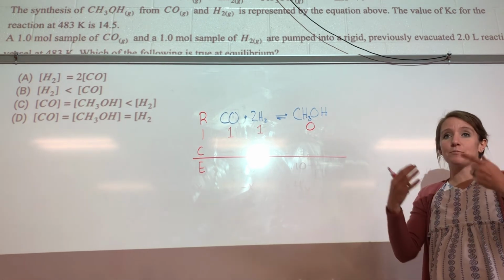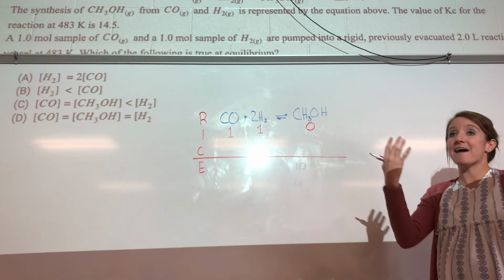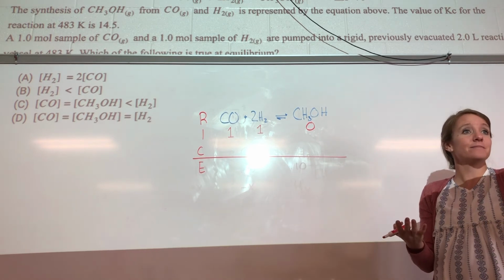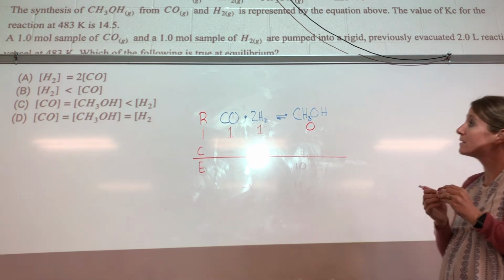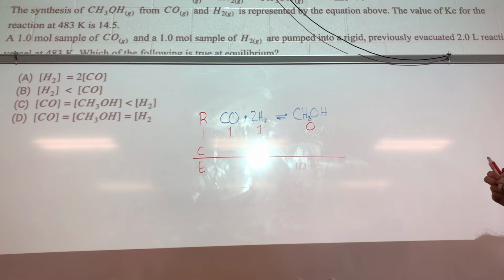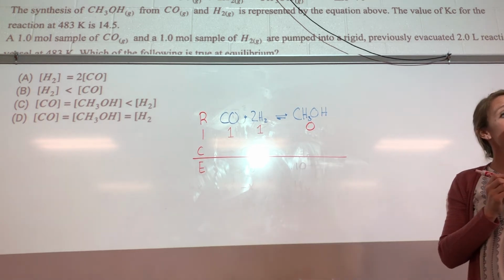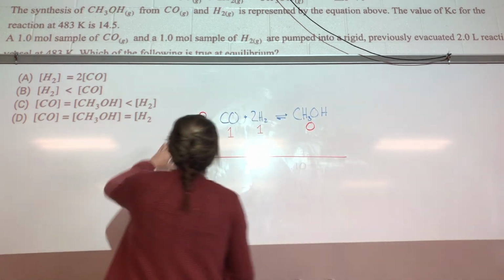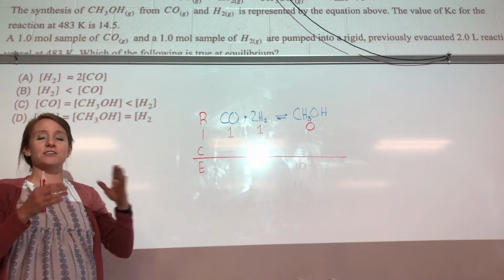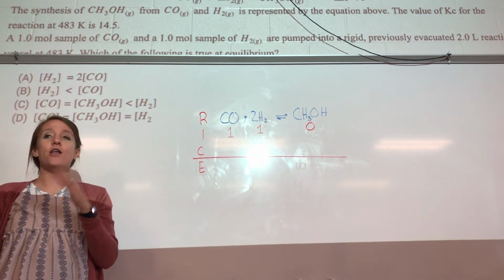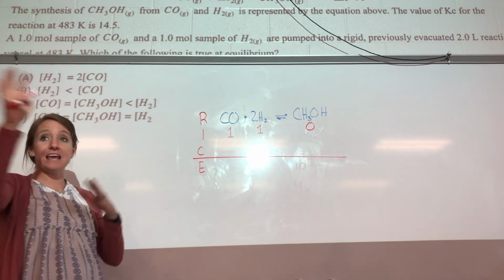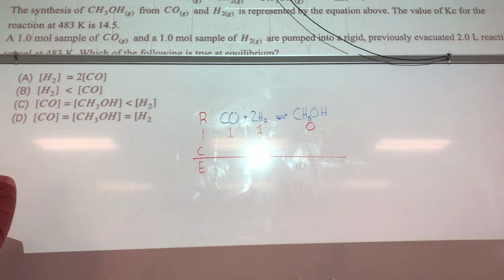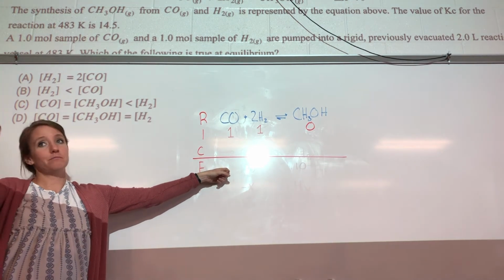If it doesn't say you're putting product in, you don't have any product to begin with. Will those be 1 or like 0.5? Because the molarity, because it's a 2-liter container, will they be 0.5? Great question, or great observation, Hannah. When you do the Rice chart, you actually want to use moles, not molarity. If we had to get to molarity, we would divide these by 2.